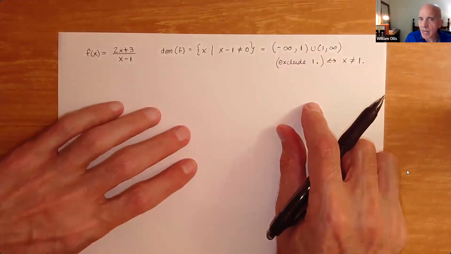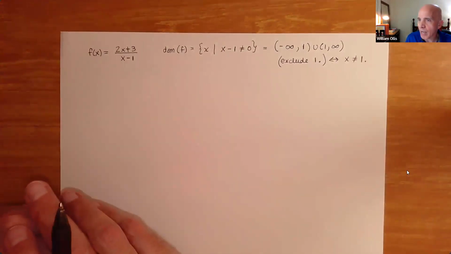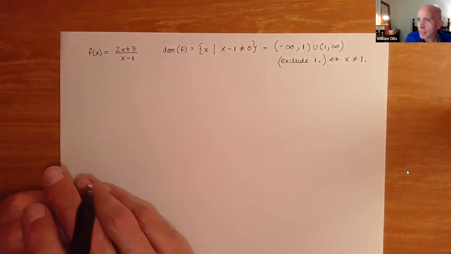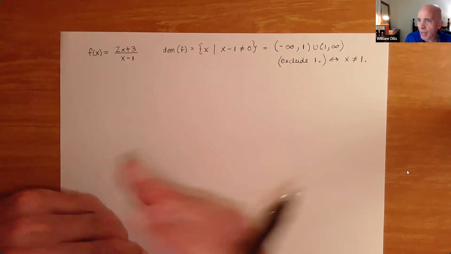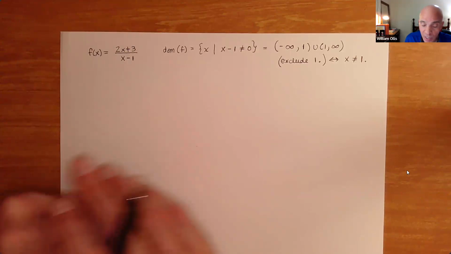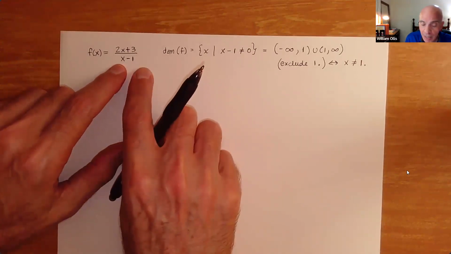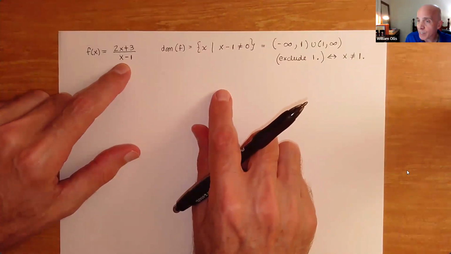So that's really not leaving out much, is it? One real number out of the entire real line, it has no impact really. The real number line is uncountably infinite. So if you pull out a point, it's not going to make any difference really. But it is important relative to the function, because what we're going to see later on is that this particular 0 in the denominator defines a vertical asymptote.